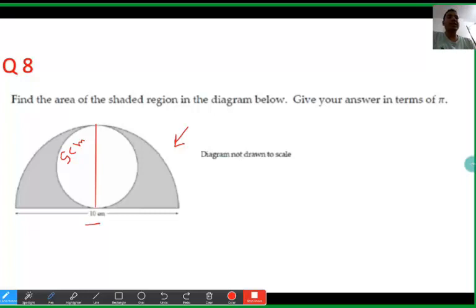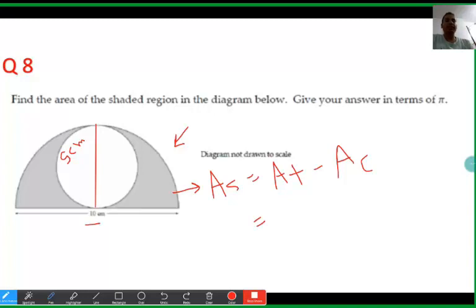Now he wants the shaded area. Shaded area, A shaded, equals A total of the big half circle, or the area of the whole shape, minus the area of the small circle. Alright, let's find A shaded.